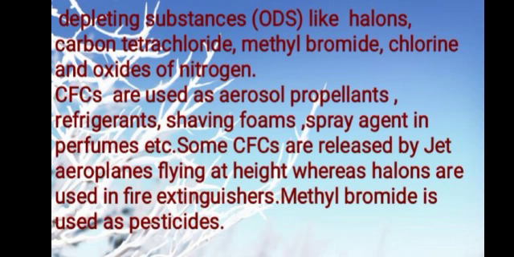Out of these ozone depleting substances, CFCs are used as aerosol propellants, refrigerants, shaving foams, spray agent in perfumes, etc. Some CFCs are released by jet aeroplanes flying at height, whereas halogens are used in fire extinguishers. Methyl bromide is used as pesticide.